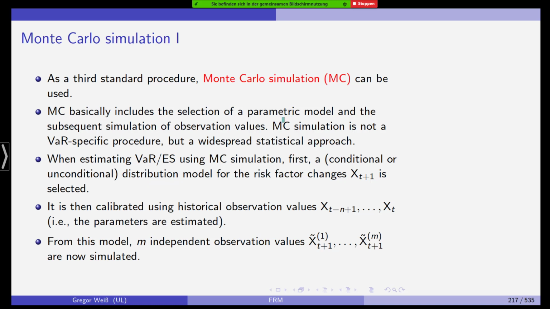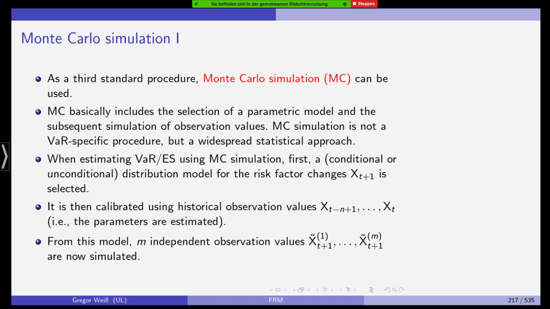Now, what is usually shown and what is usually done in German textbooks on risk management is that these textbooks will say, well, and then you can make the assumption of a normal distribution for your risk factor, which doesn't make sense. Because if you only take a normal distribution for a risk factor and you only have one risk factor, then it's again the variance covariance method.